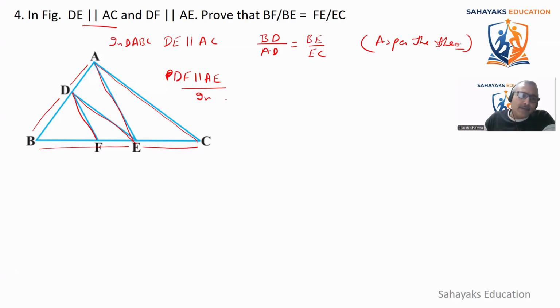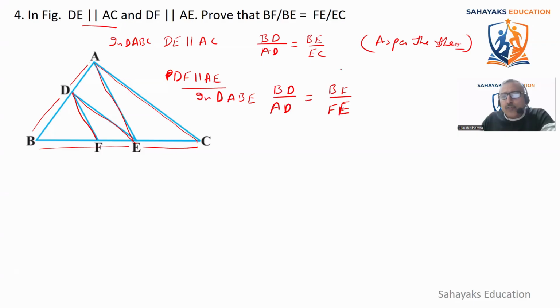In triangle ABE, BD divided by AD is equal to BF divided by FE. Okay.